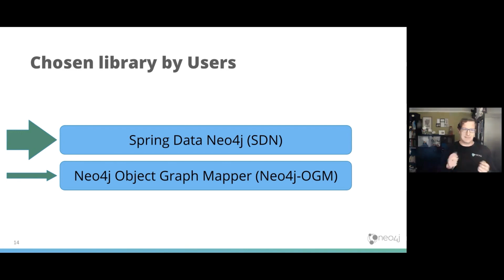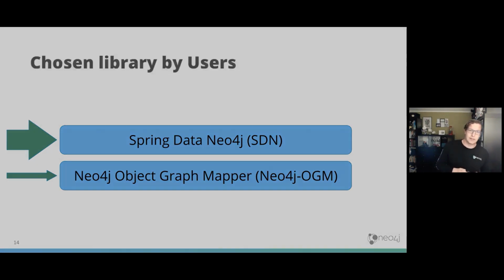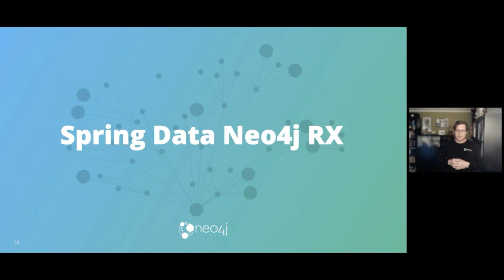That gives us some problems sometimes to communicate, but the percentage of users we hear from that are using purely OGM is way below the numbers we get from the SDN users. So now you get a little bit of history of the OGM and SDN projects, what SDN is and what Reactive is, and we see what we do now for the future.